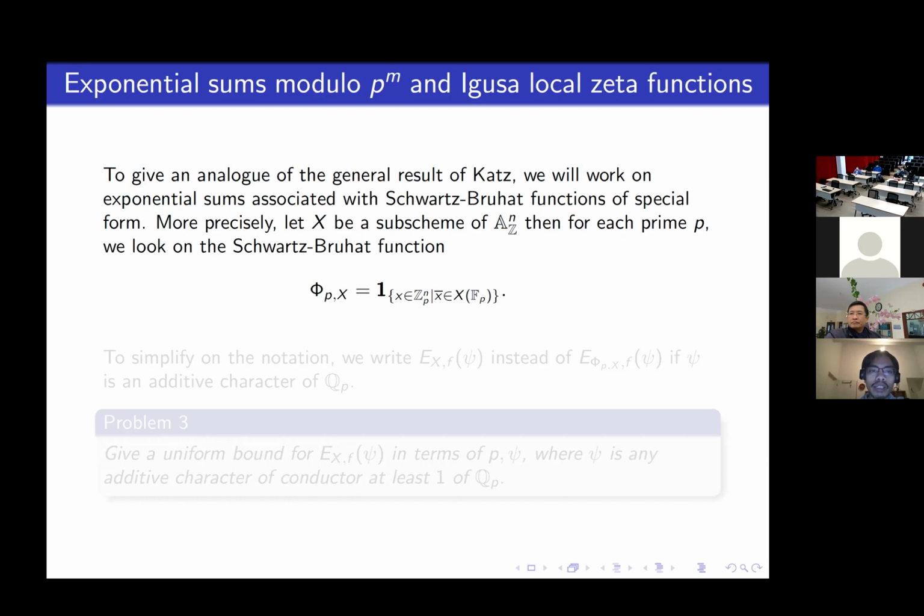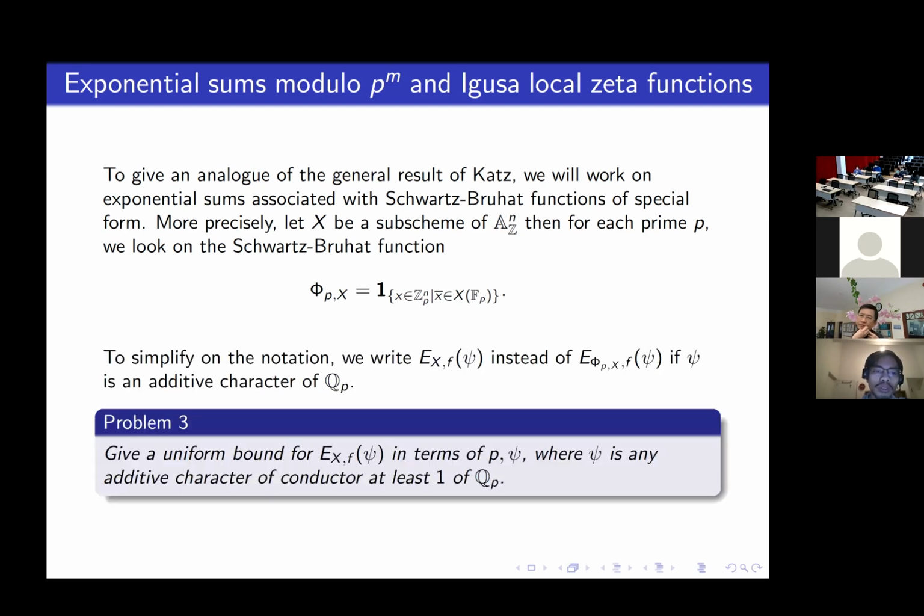More precisely, let X be a subscheme of A^n over Z. Then for each prime p, we look at the Schwartz function phi_{p,X} equal to the characteristic function of this set: the set of x in G_p to the n such that the reduction modulo p of x belongs to the set of F_p points of X. To simplify the notation, I will write E_X(f, psi) instead of E_{phi_{p,X}}(f, psi), if psi is an additive character of Q_p.